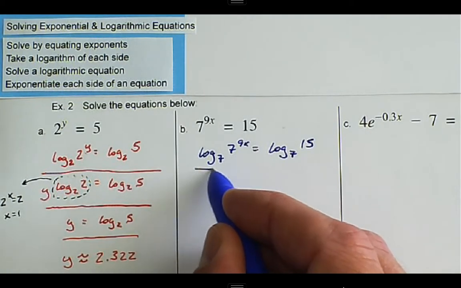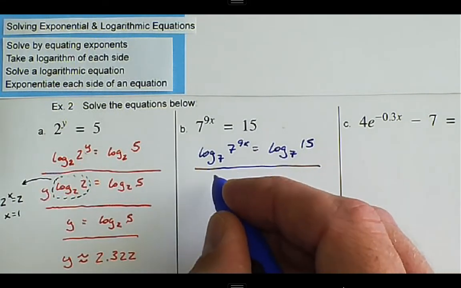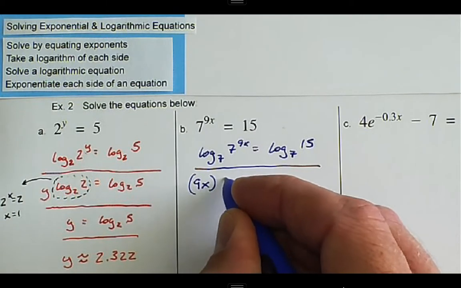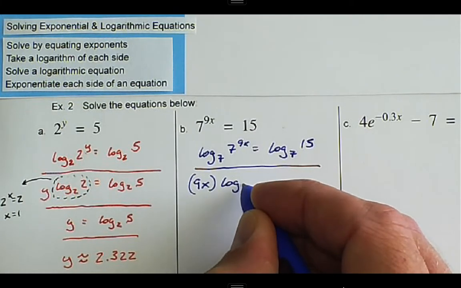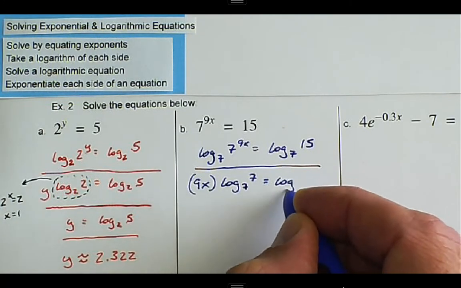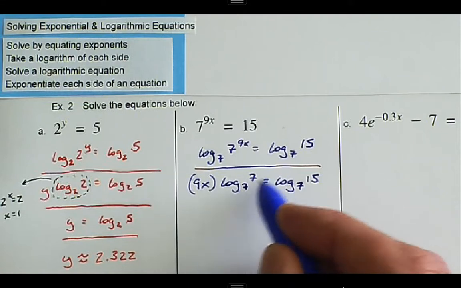The reason that we took the log of both sides is because we wanted to get the variable out of the exponent. So 9x times log base 7 of 7 is equal to log base 7 of 15. Log base 7 of 7 is equal to 1.